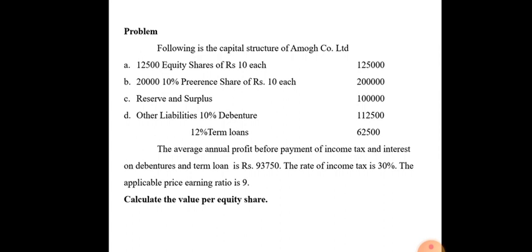With this information we have to calculate the value per share. The 12,500 equity shares have a price of rupees 10 each, so 12,500 into 10 is 1,25,000. There are 20,000 preference shares of rupees 10 each, so 20,000 into 10 is rupees 2 lakh.